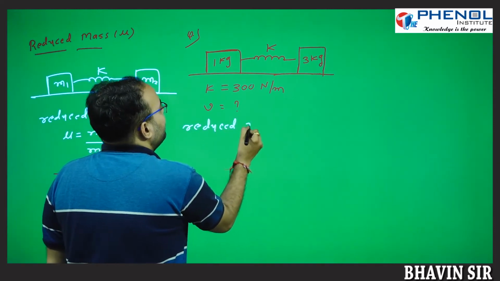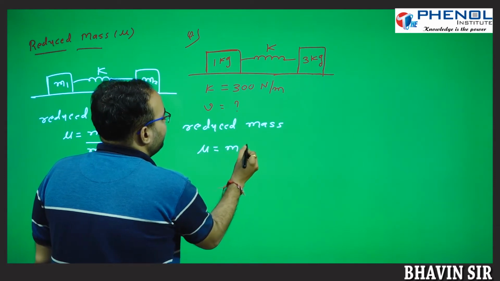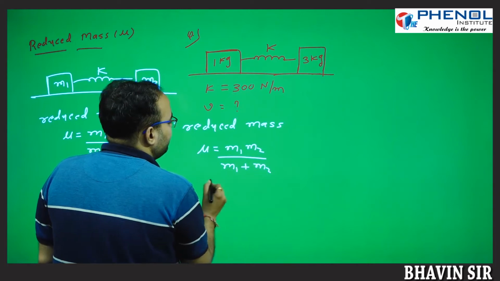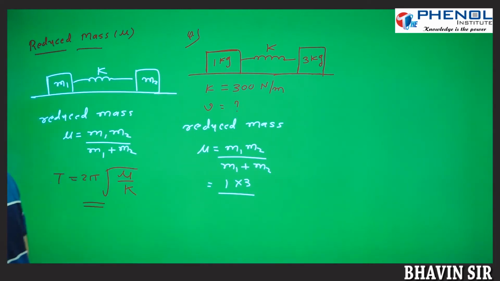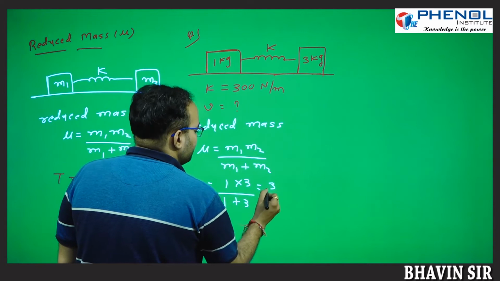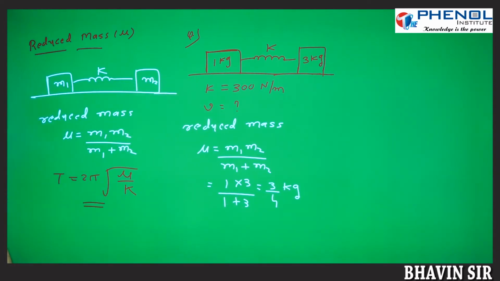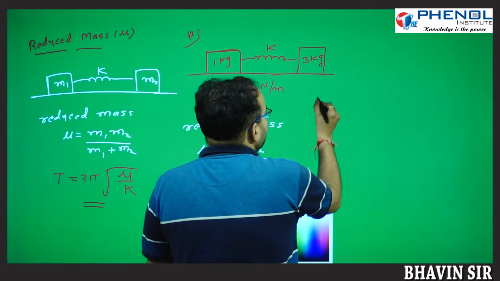Because between two blocks one spring is connected. So m1 m2 upon m1 plus m2, so 1 into 3 upon 1 plus 3. So what is the reduced mass? 3 by 4 kg.